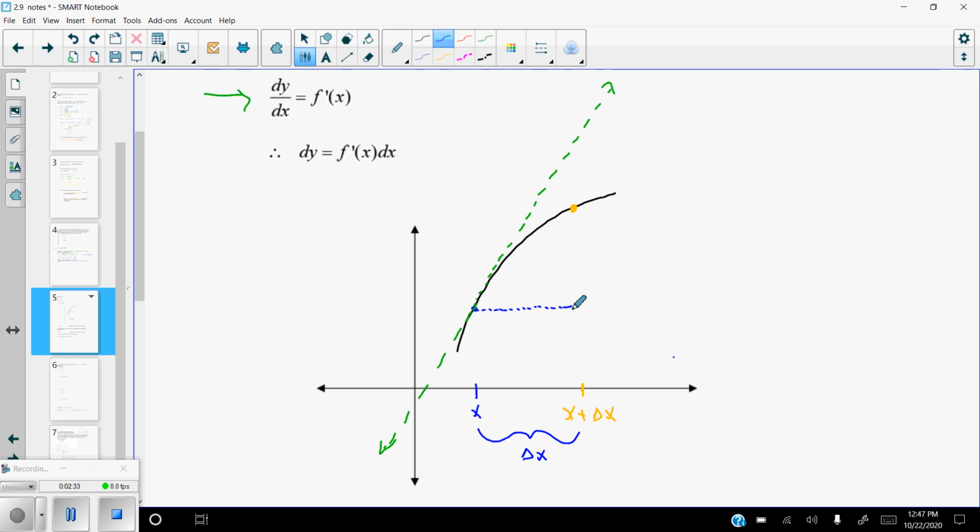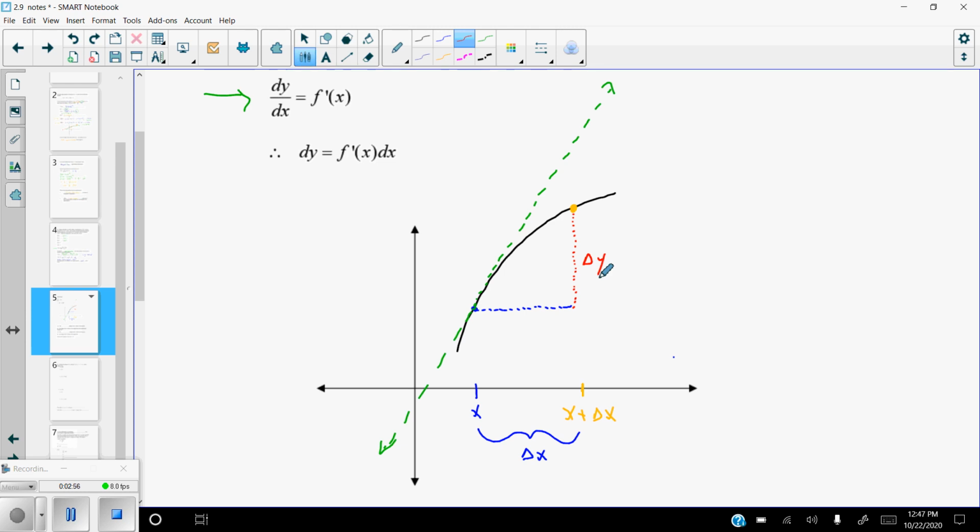Okay, there's also going to be from the blue point up to the orange point a vertical change. The vertical change would be this distance right here in red. That is going to be a change in y. It's an actual change in y. It's the change of y on the function.